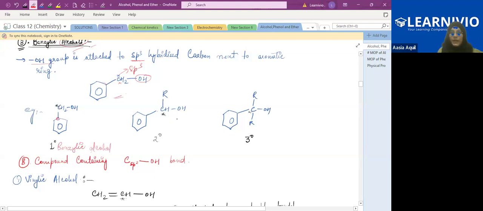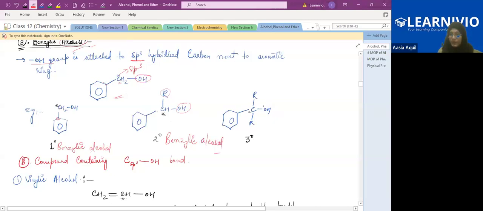Similarly, this one. This hydroxyl group is attached to this carbon, right? And this carbon is attached to how many groups? Here it is an R group, and here the benzene ring carbon is attached, right? Two groups are attached to this carbon, so it is known as secondary benzylic alcohol.